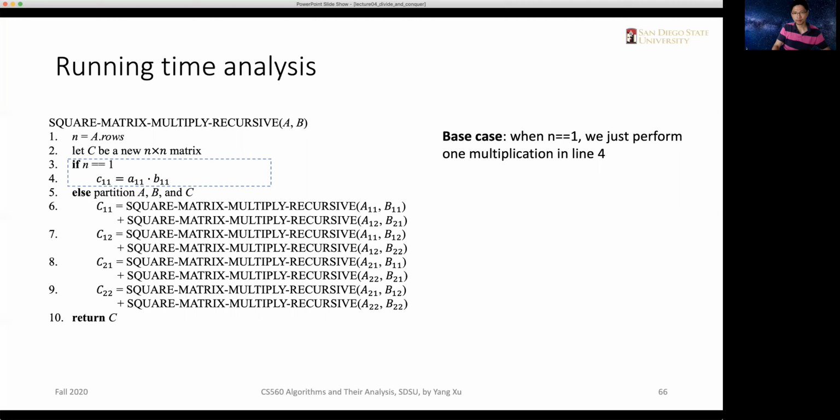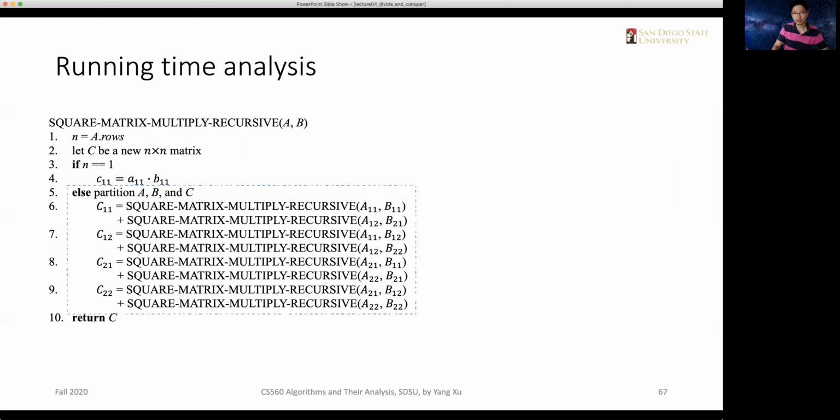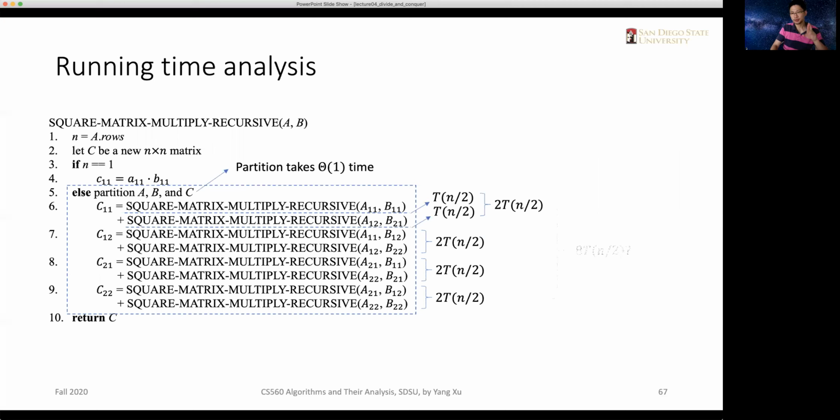Okay. So in the base case, the running time is constant, right? But in the recursive case, we now have the running time of the smaller subproblem, whose size is n/2, right? And there are 8 of them, so in total, we have 8 subproblems of size n/2. Okay.